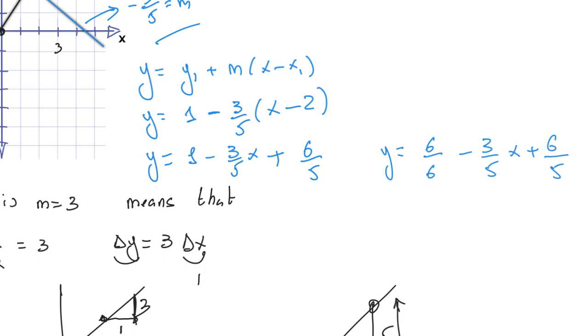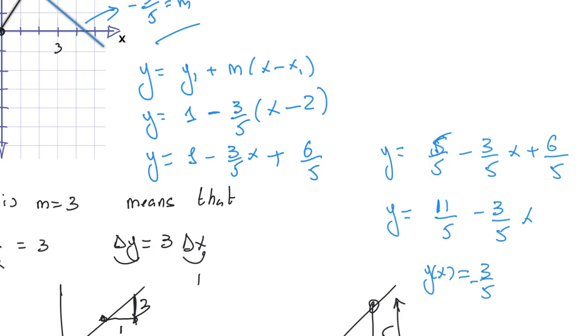Because it's 6/5, I should write here not 6, I should write 5/5. So now 5/5 is 1, and 5/5 plus 6/5 is 11/5. So y of x is minus 3/5 of x plus 11 divided by 5.